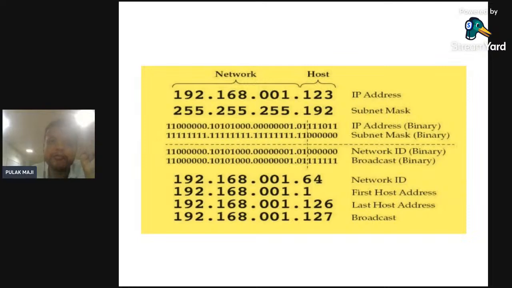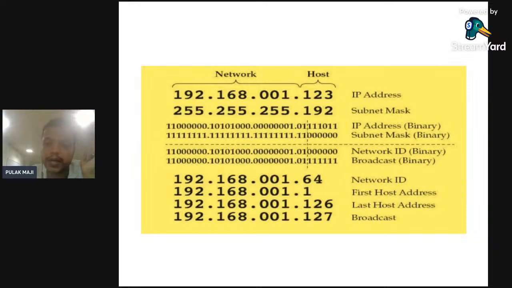So now if I'm finding the ranges, what will be the ranges? The range will be 200.10.20.0 to the last IP address.